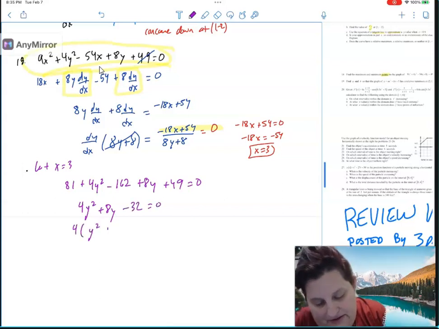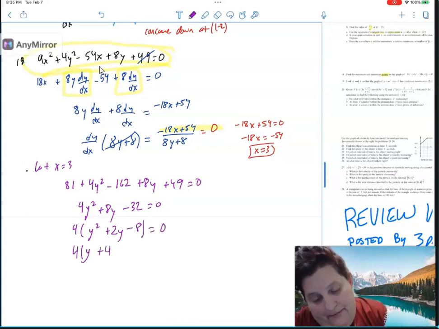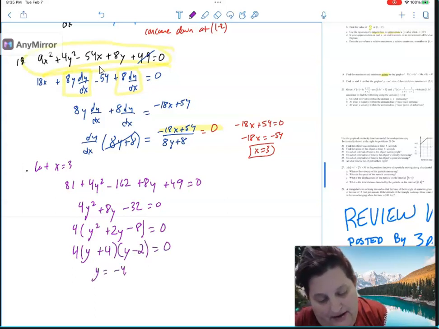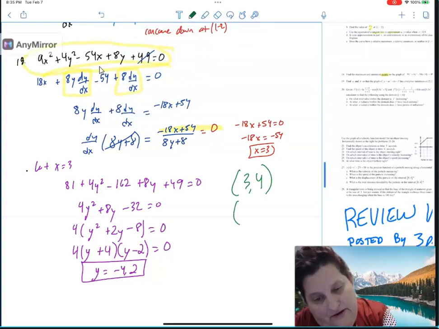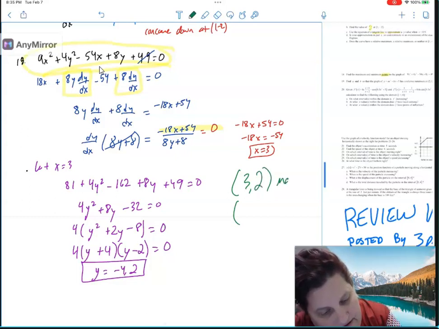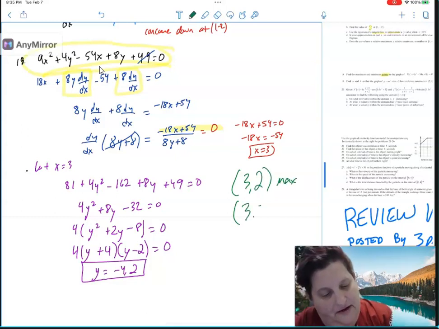If I factor this, guys, I end up getting y plus 4 times y minus 2. So y is negative 4 or positive 2. So there's actually 2 points. 3, 2 is my relative max. 3, negative 4 is my relative min.